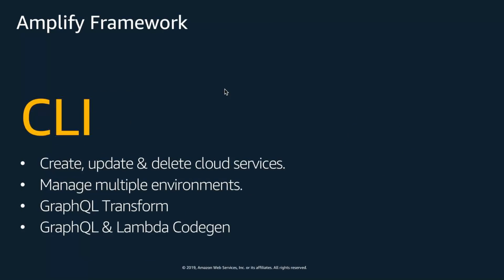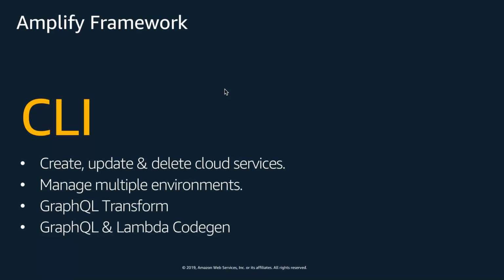With the CLI, you can create, update, and delete cloud services. The CLI works with multiple serverless environments. So you can create a main environment and deploy an entire stack. You can deploy Auth, API, DynamoDB, all that stuff.